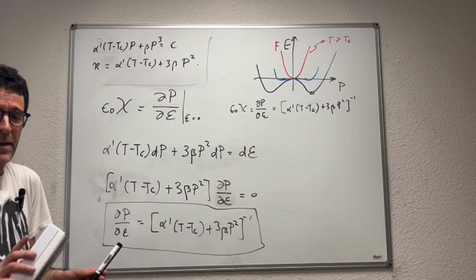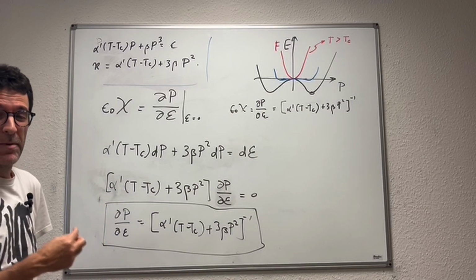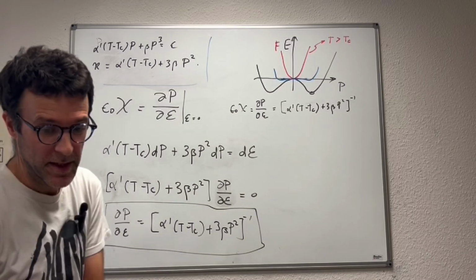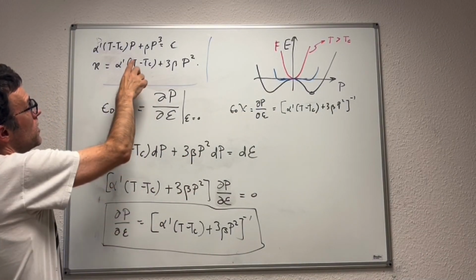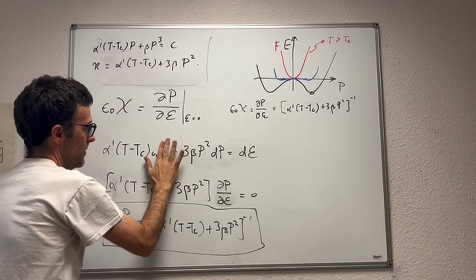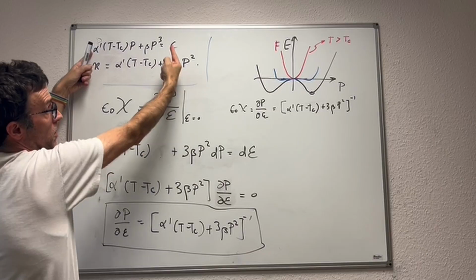Now, we can also point out something that may not be very obvious from here, but it will actually always be true: when we have taken this differential form, we are essentially taking the derivative of the whole thing with respect to P and multiplying by dP.